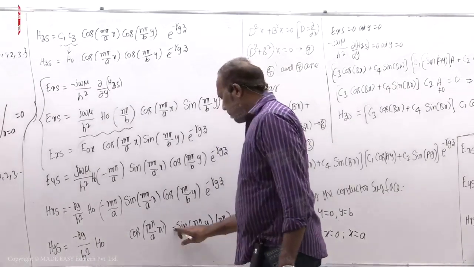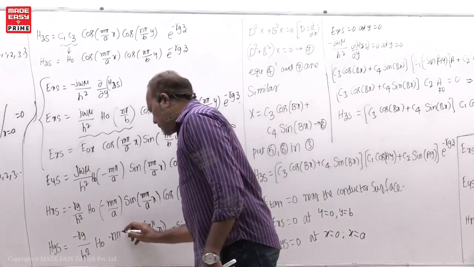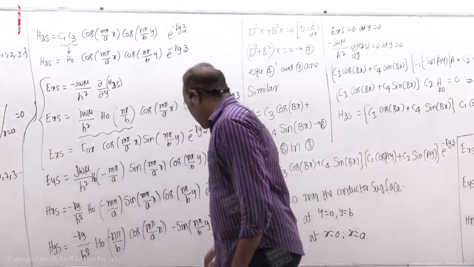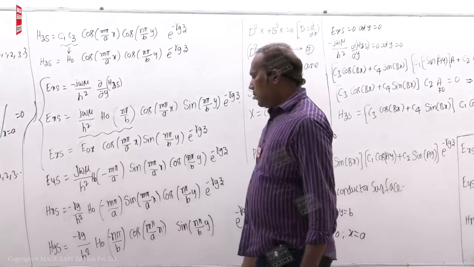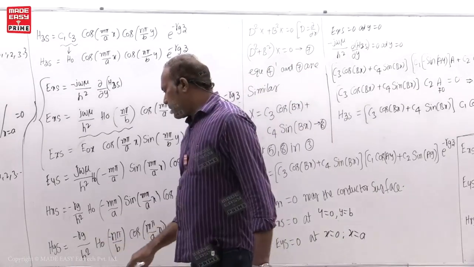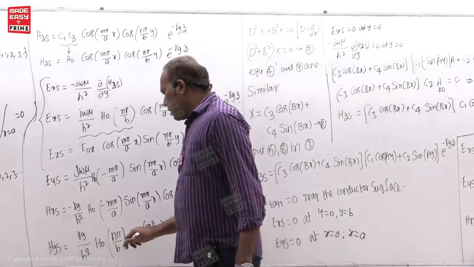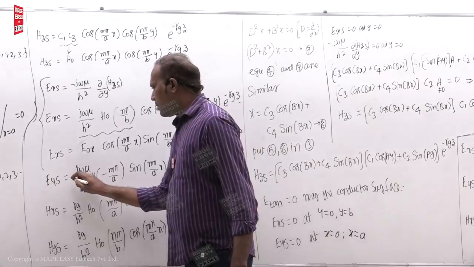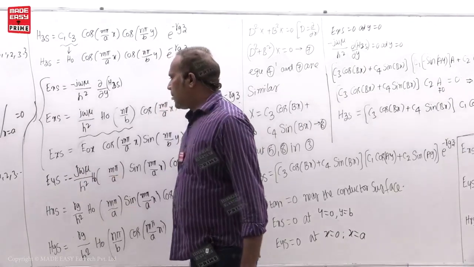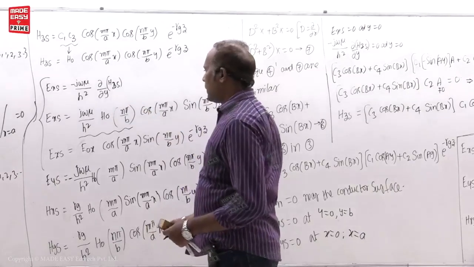I was telling you every time minus n pi by b, you write here, because that is constant. So this minus is there. Now minus into minus becomes plus. Here also minus into minus becomes plus. Here minus is there, and in this term plus is there. Okay, let it be like that.